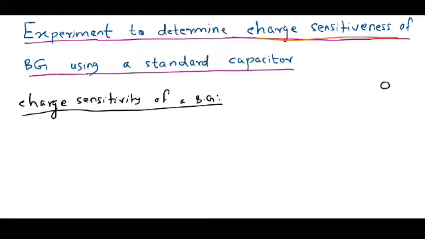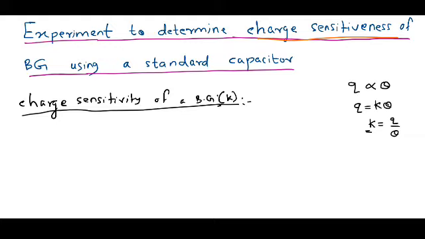The deflection theta produced in the galvanometer is proportional to the amount of charge flowing through the BG. We have written Q is equal to K theta, that is, K is equal to Q by theta. This K is the charge sensitivity of our ballistic galvanometer.